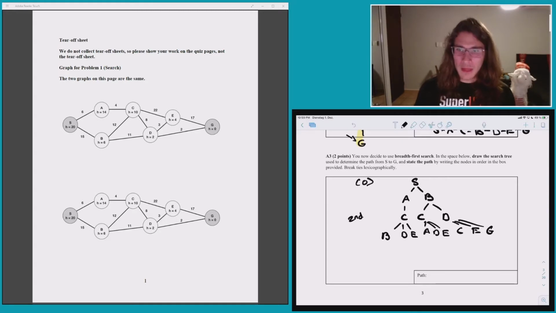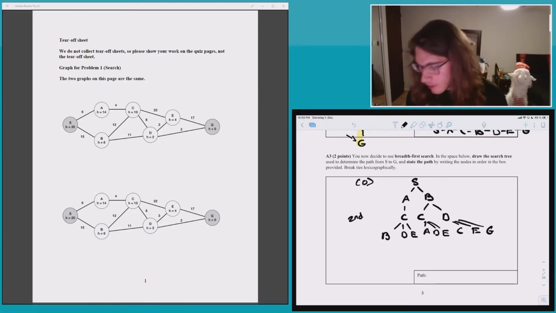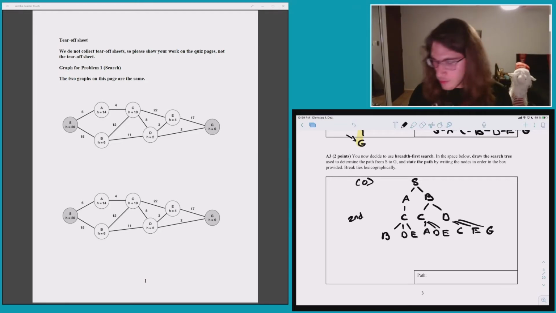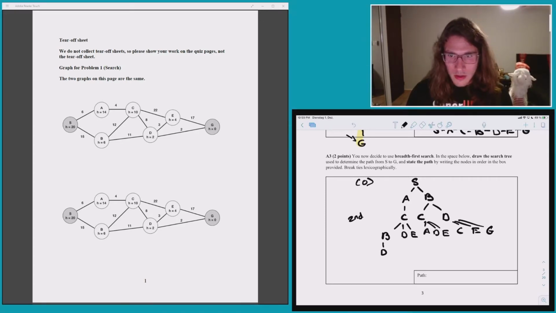I haven't expanded it yet, which is why I haven't stopped, and now I'm going to go ahead and expand everything, or expand the next level. So B goes to D. D could go to B, E, or G.